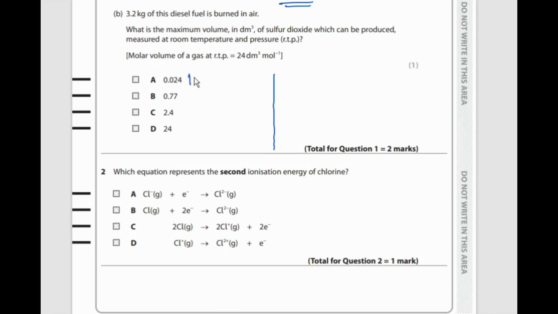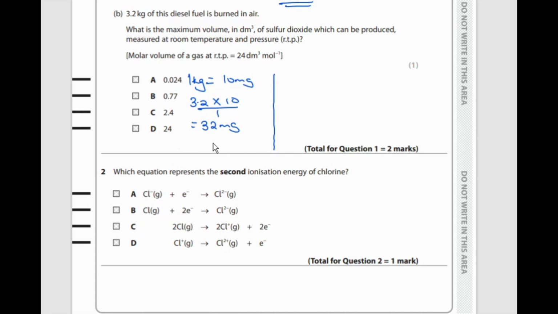So we know that 1 kilogram of diesel contains 10 milligrams. This would mean that 3.2 kilograms of diesel would contain 32 milligrams of sulfur.